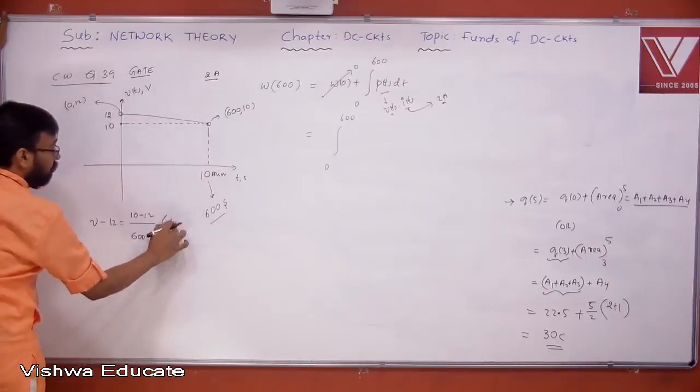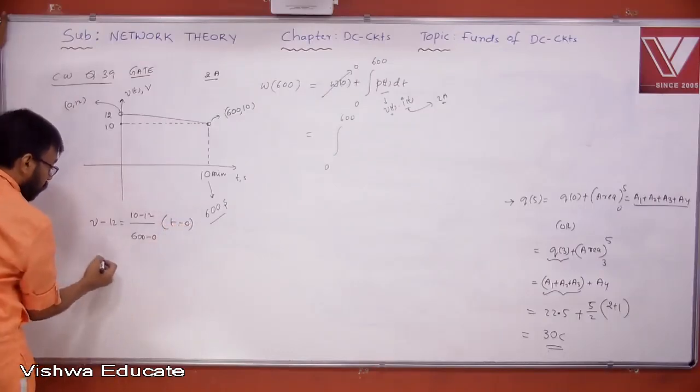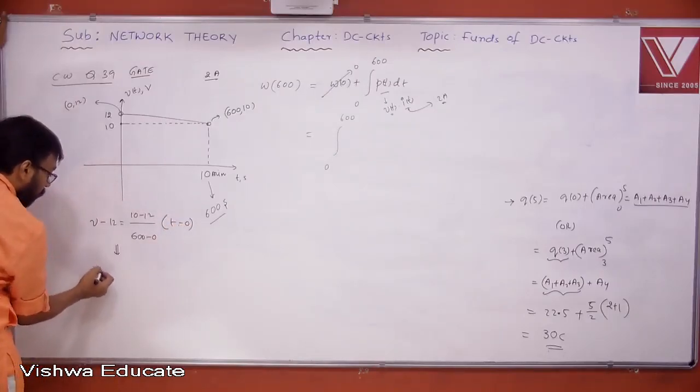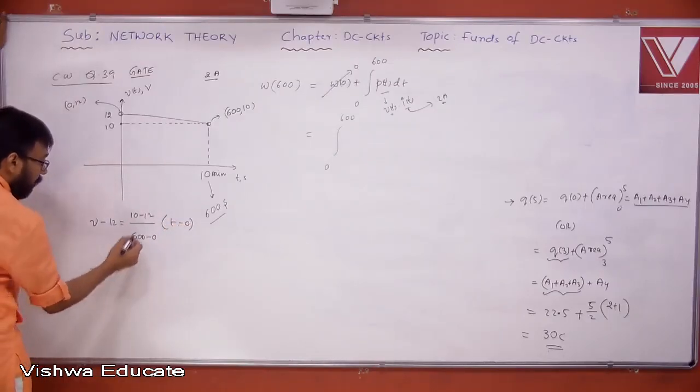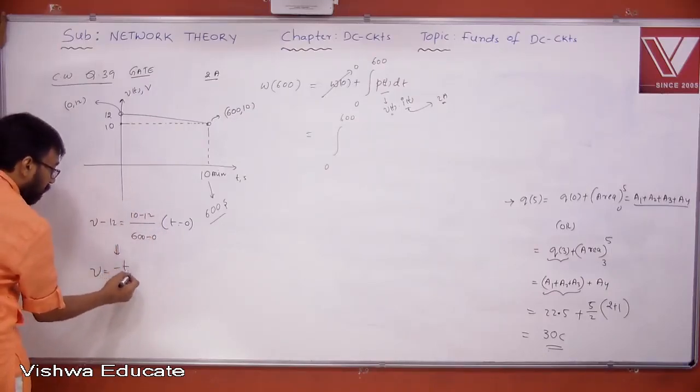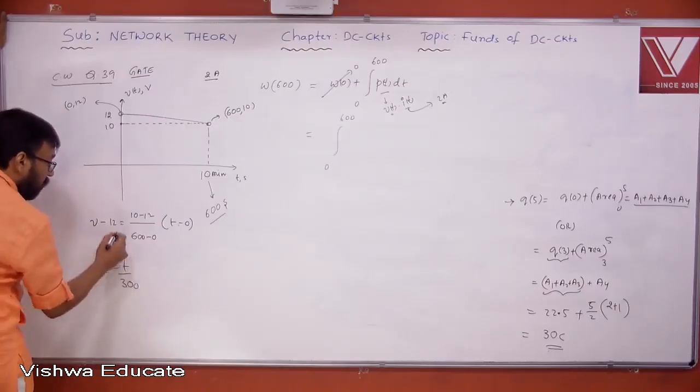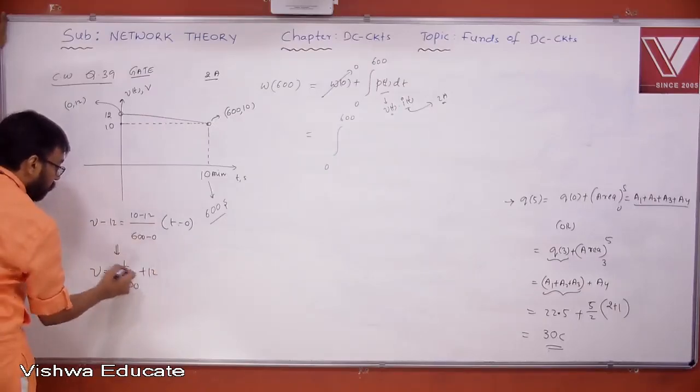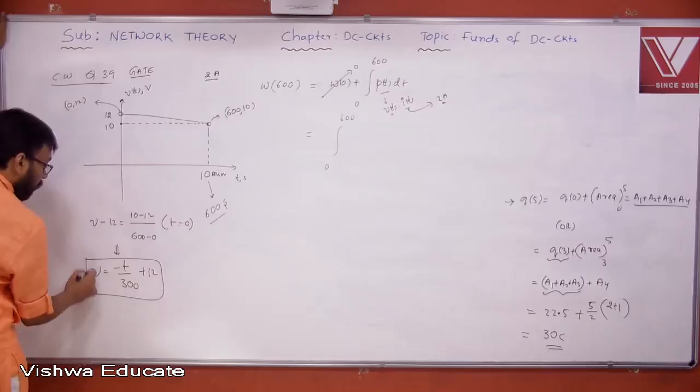So from this you understand V is equal to minus 2 by 600, that means minus 1 by 300, so minus t by 300, plus 12. This is what you are going to get.